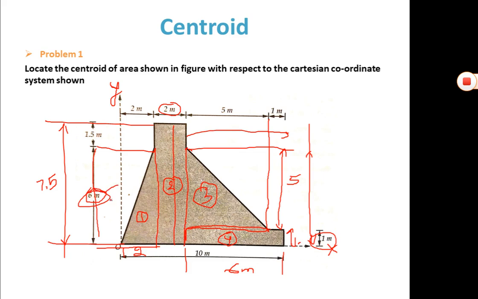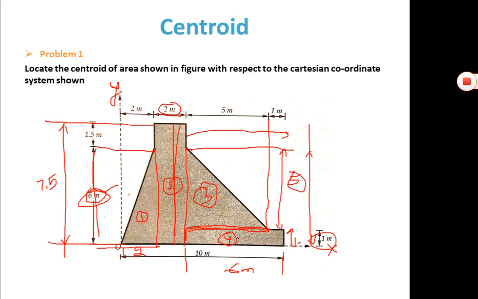The second is a rectangle of width 2 meter and height 7.5 meter. The third, a right angle triangle, has a base width of 5 meter and a height of 5 meter.